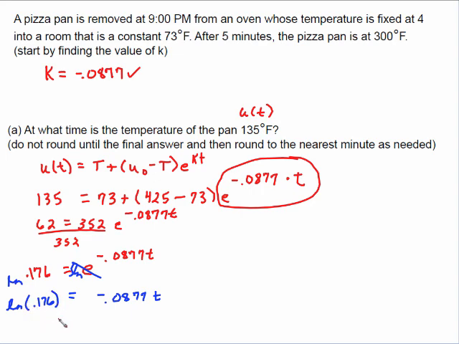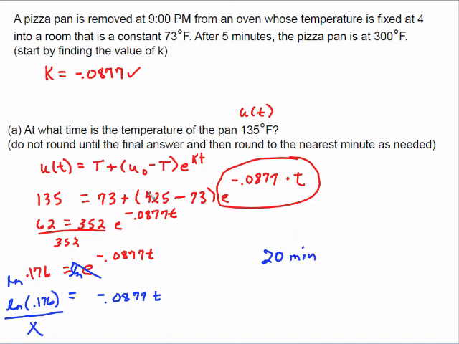I haven't taken it yet. And then remember the negative 0.0877 is actually stowed as x. So what I'm going to do with the calculator is divide by x, which is the 0.0877. What you'll type in the calculator is ln of second answer, because what you had on your screen was 0.176, divided by x, and that should come out to be 20 minutes, rounding to 20 minutes.